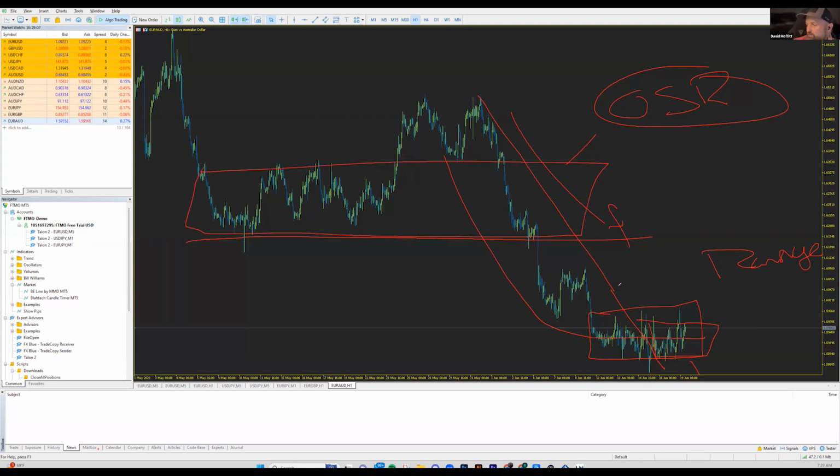And so you have to be careful, because same thing we just talked about on the UJ, you could get continuation of this, right? You could get a continuation move, but more often than not, it'll go sideways, and you should get a response to this down if you understand why price moved down or in an outside range.